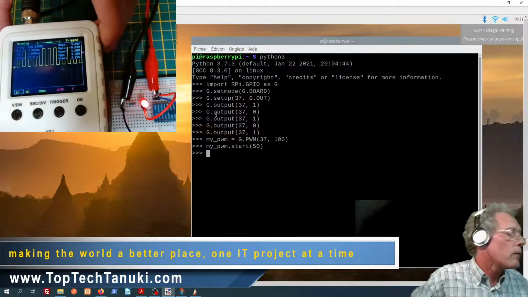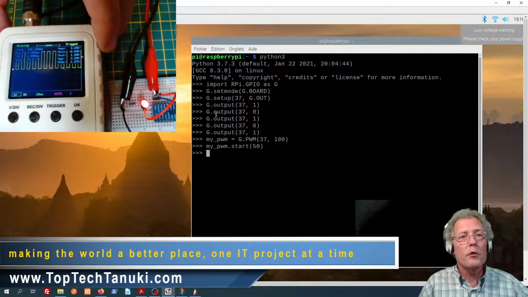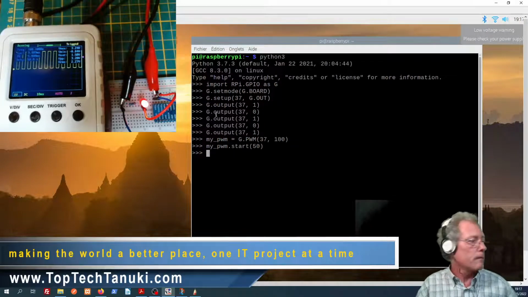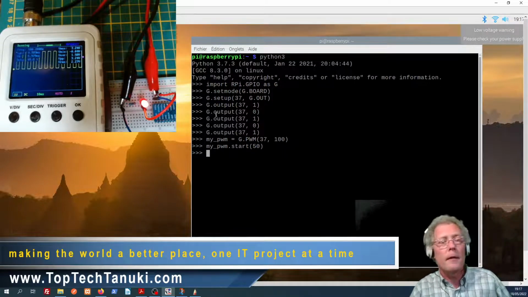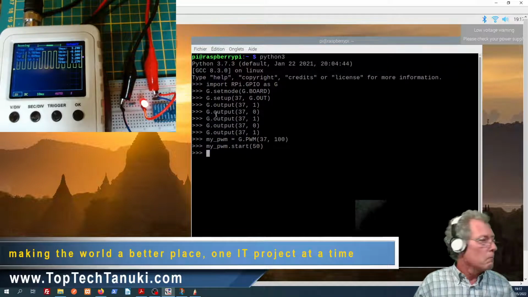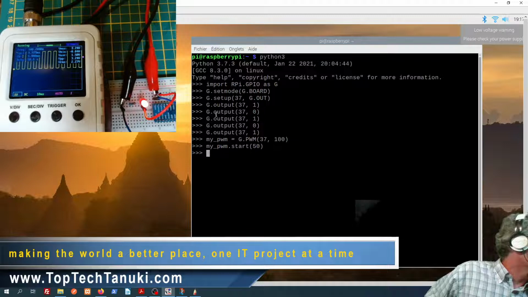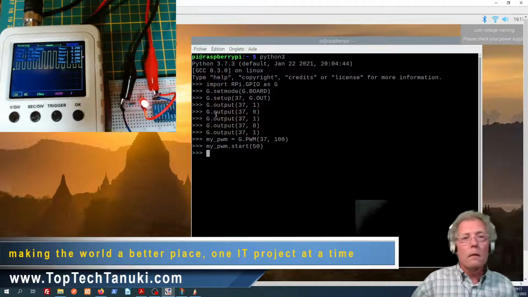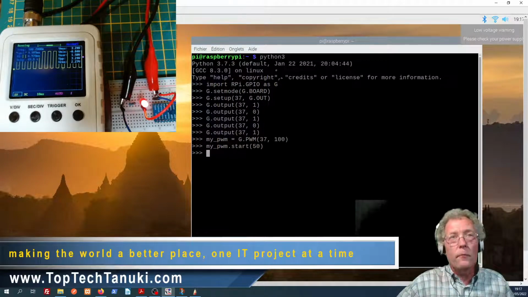Yes. Okay, we have an average voltage here, which will be read as an analog equivalent voltage. I'm not sure you can see the strength of the LED, so maybe we will change the duty cycle here.